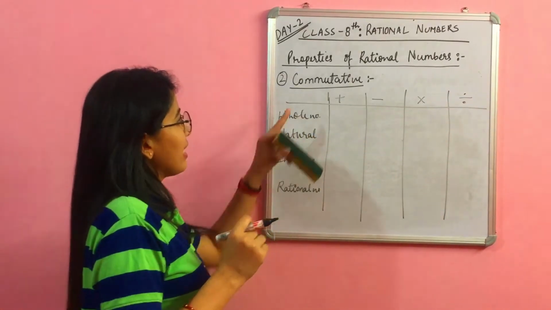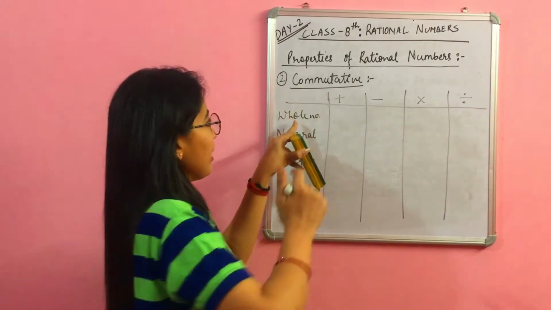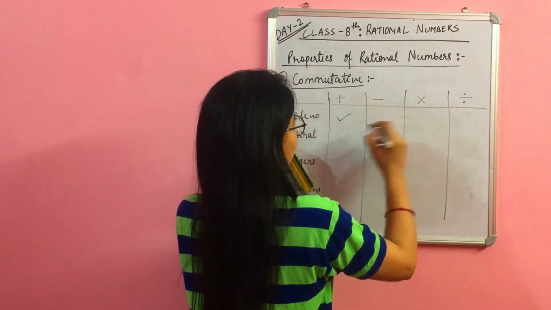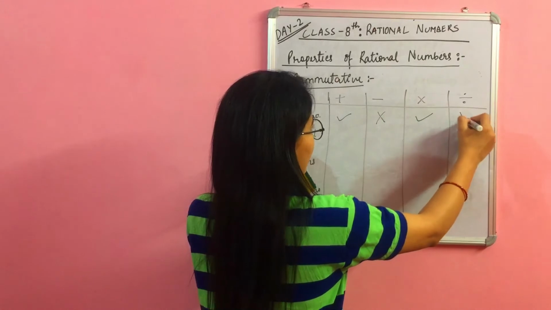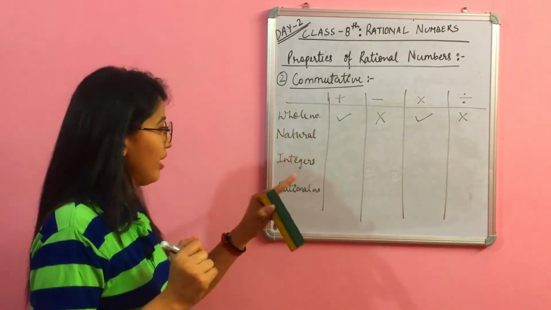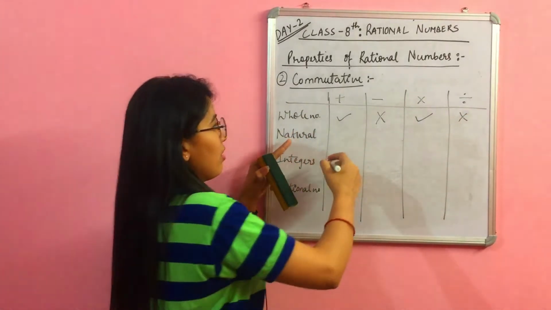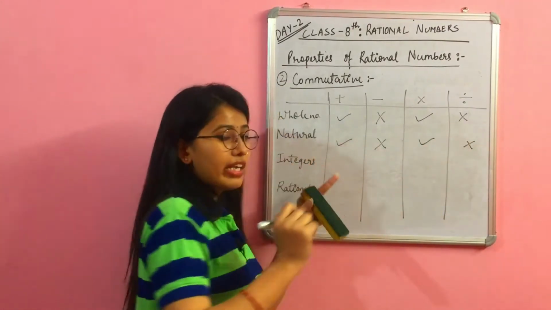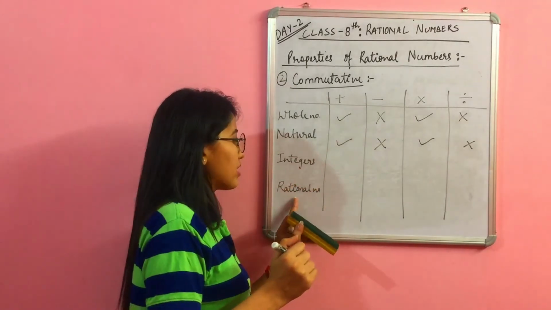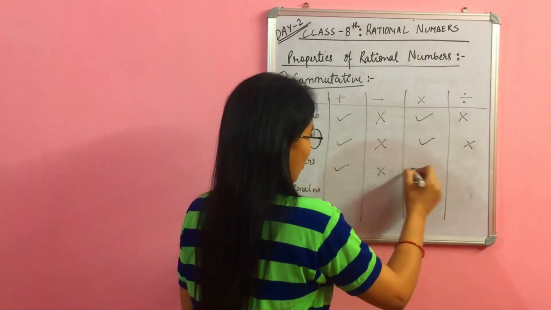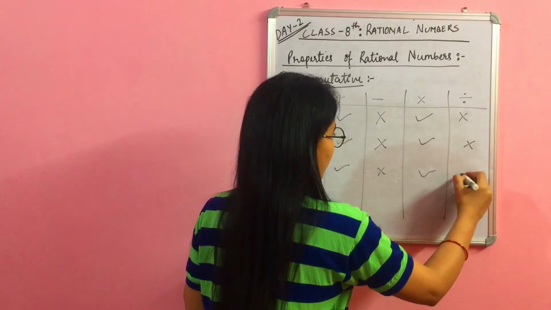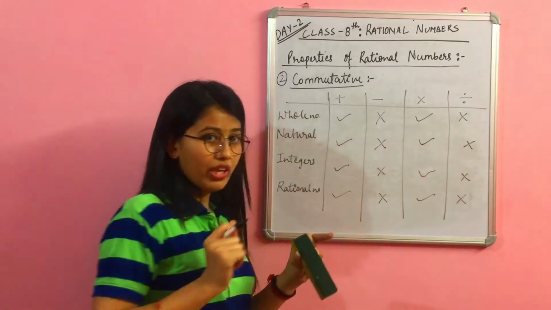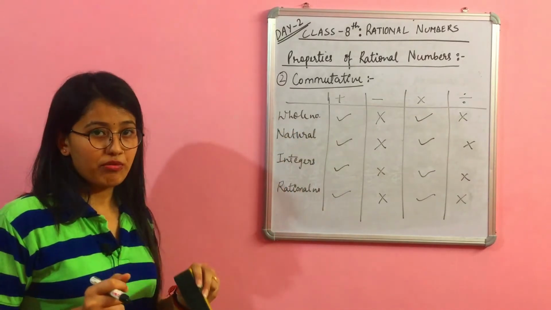So you can see clearly the commutative property in the case of addition. If I am having the set of whole numbers, it is satisfying for addition and multiplication only, but not for division and subtraction, right? Similarly, in the set of natural numbers, it is satisfying for addition and multiplication, not for subtraction and division. Same for integers and rational numbers. This is satisfying for this and like this. So this was the commutative property.